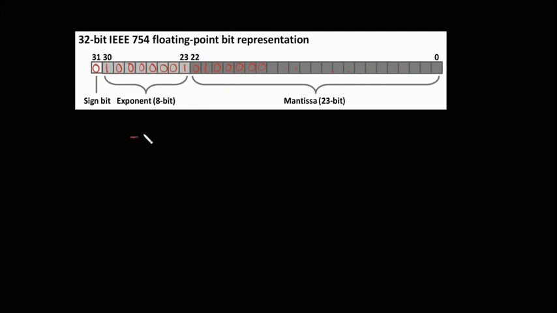So write the general form first: minus 1 power s into 1 point fraction into 2 power exponent minus 127. So what is the value of s? S is 0. It means this is a positive number.